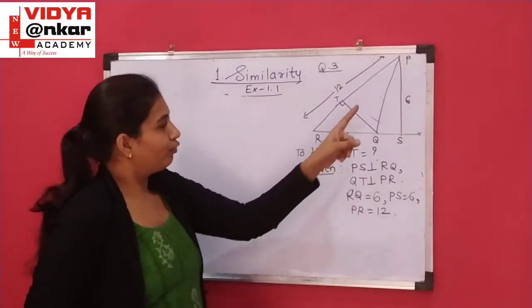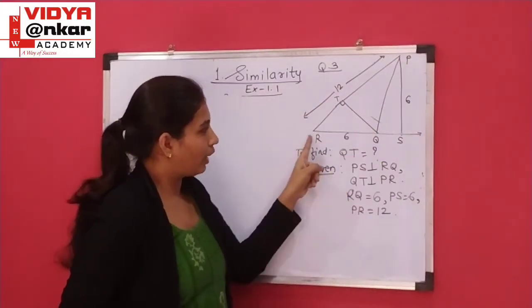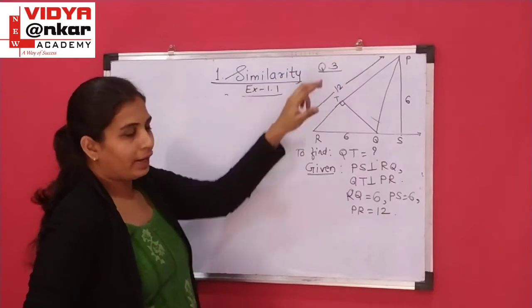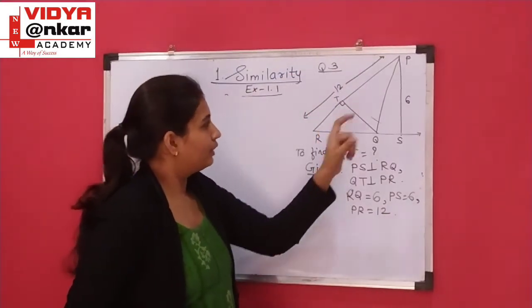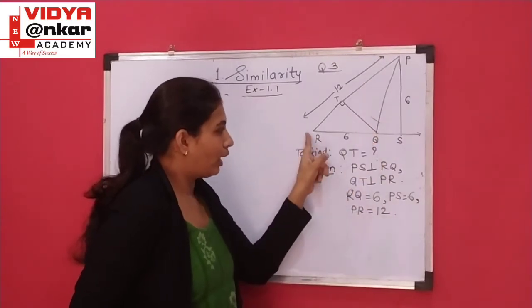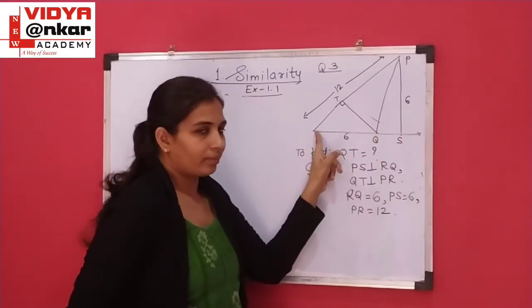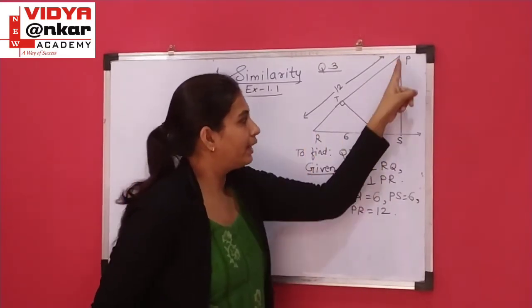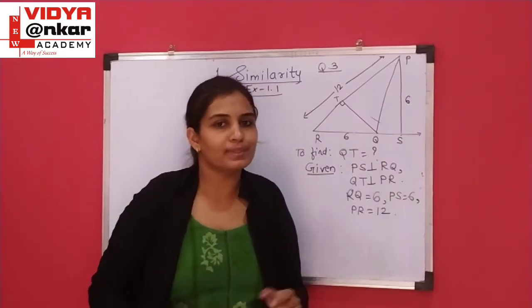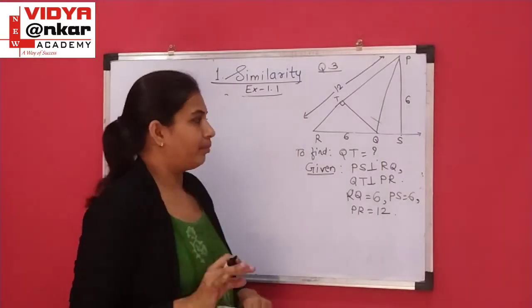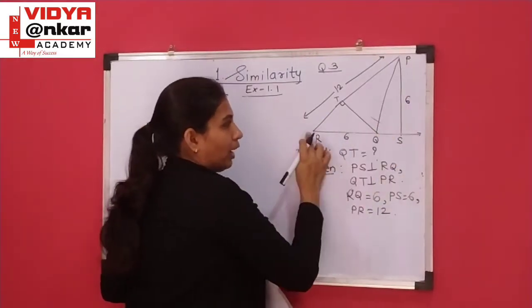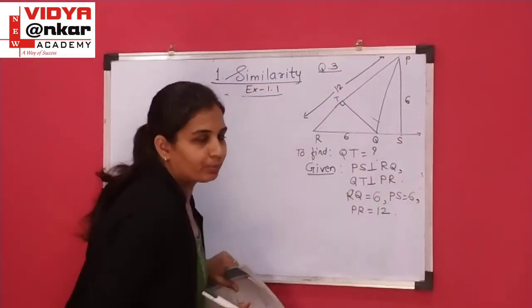Okay. Now for triangle PQR, the base is PR and the height is QT, which we have to find. And for another triangle PQR, the base is QR, and the height is PS. So we will substitute the values. We take the triangles PQR and PRQ.